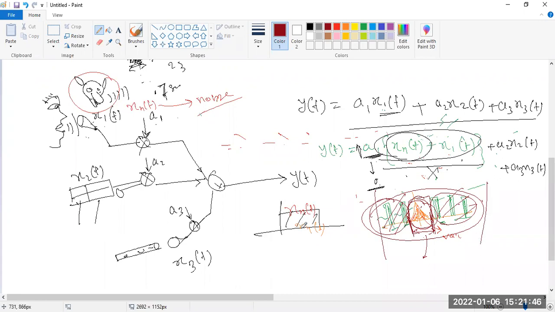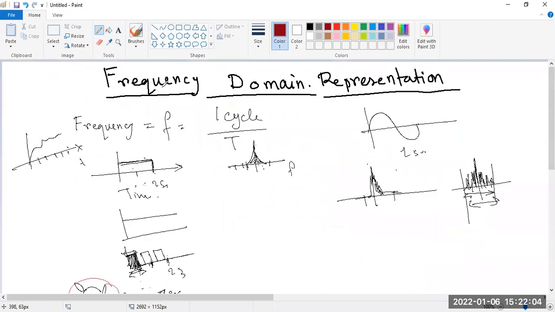But in the time domain, different signals are coming and they just get mixed up. We can't separate them. So that's why we are very interested in and required to know about the frequency domain representation of any signal.